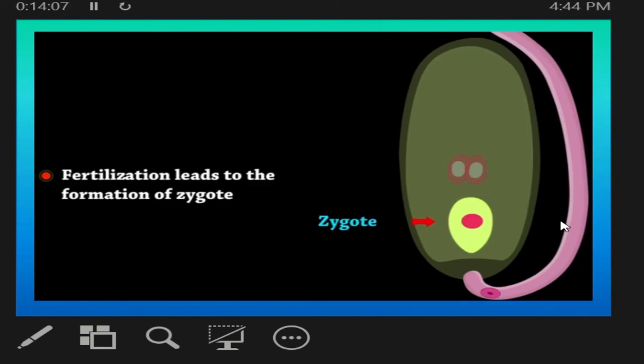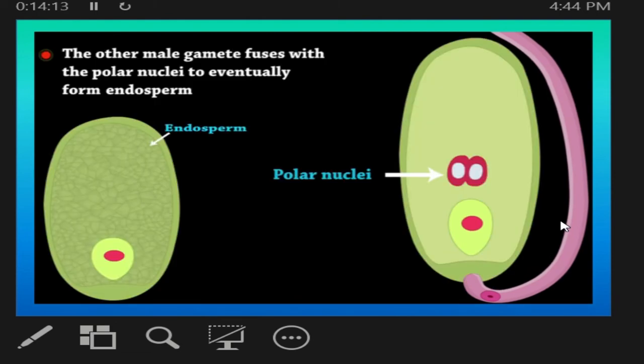Fertilization leads to the formation of a zygote, or the new cell. The other male gamete fuses with the polar nuclei to eventually form endosperm.